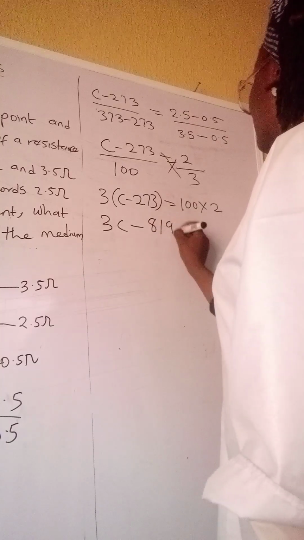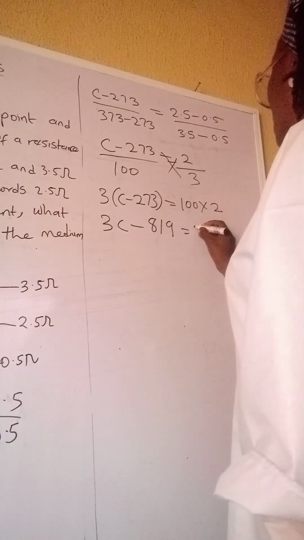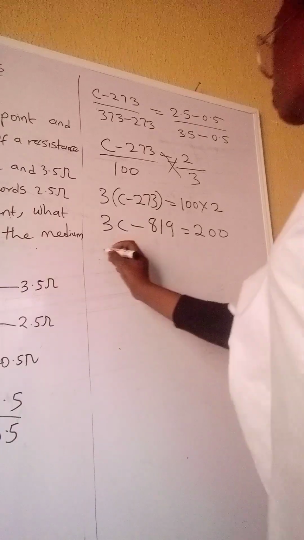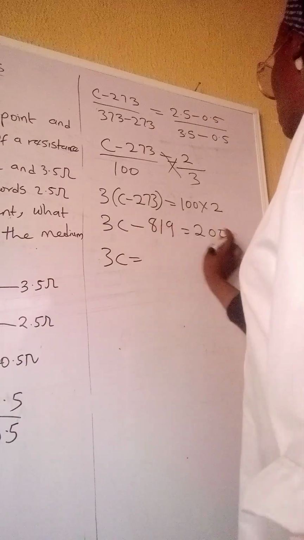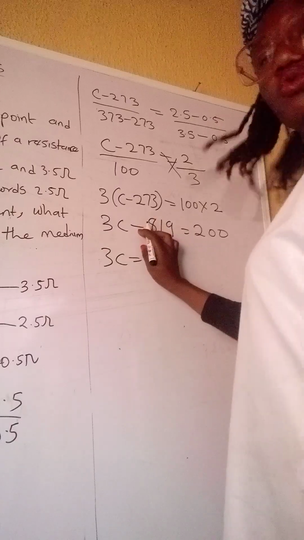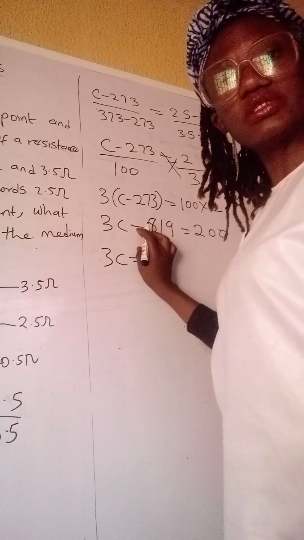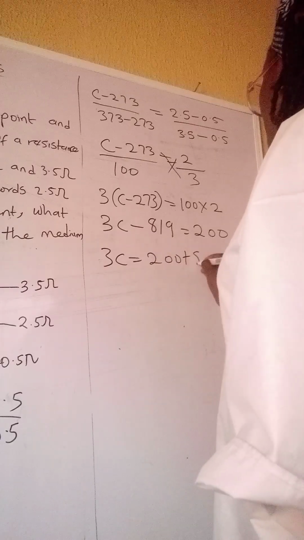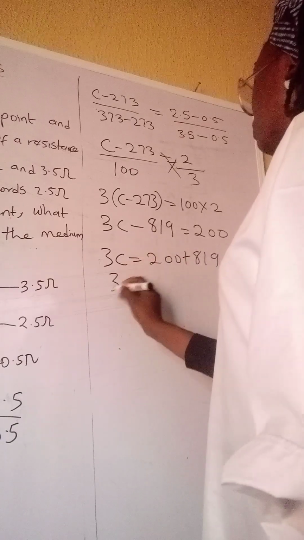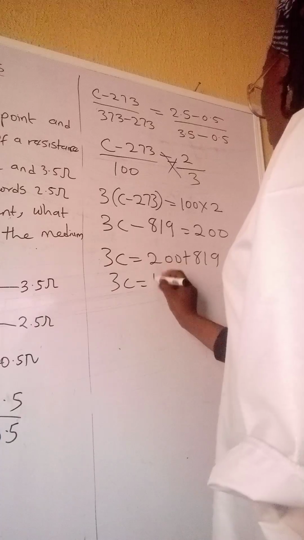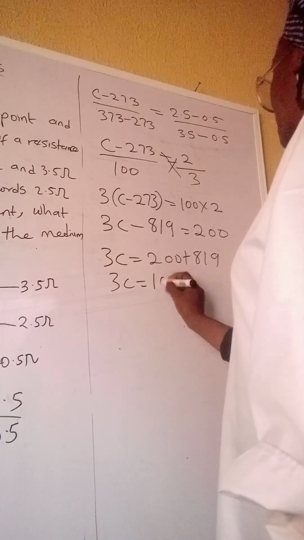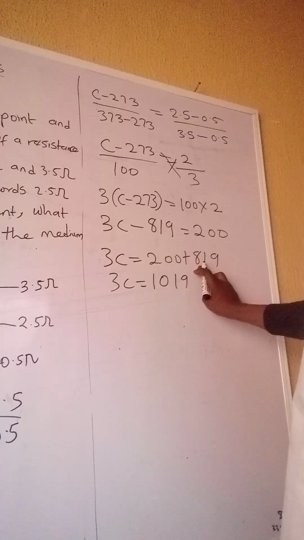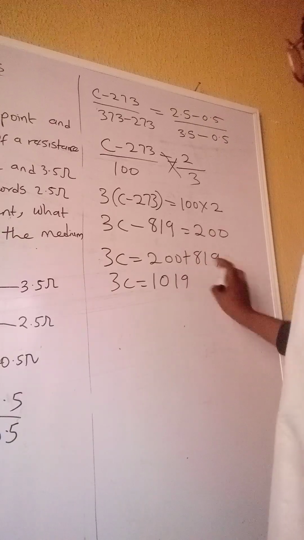So we have 3C minus 819 is equal to 200. Let's take this one to the other side. Once it crosses the sign of equality, it becomes positive. So we have 200 plus 819, so 3C is equal to 1019. 200 plus 800 will give us 1000, then plus that 19 to give us 1019.